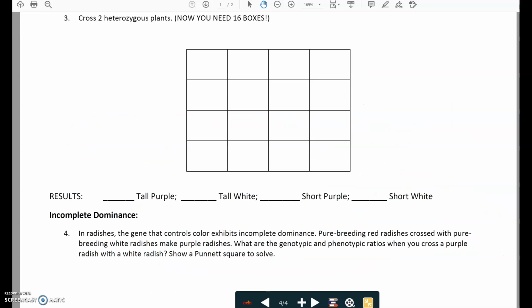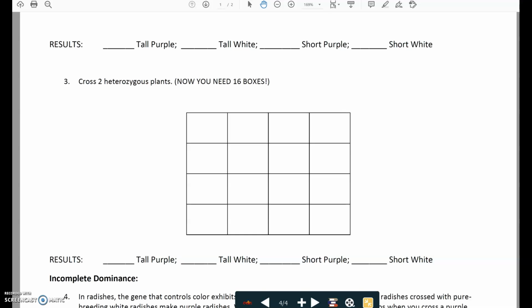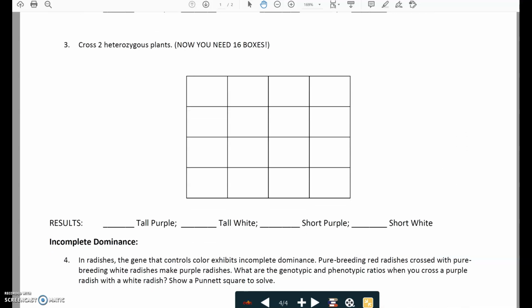We go to our next one. So now they want you to cross 2 heterozygous plants. Now for this one, yes, you would need 16 boxes. Why? Because if each of the parents are big T, little t, big P, little p, that means each of the parents can make big T with big P, big T with little p, little t with big P, and little t with little p.